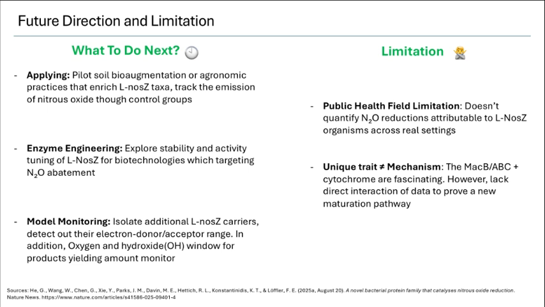The third one is monitor and model it. Use clade-specific primers, for instance, clade 1, 2, and L0Z clade 3, in monitoring networks, and feed those data into models, to try to predict where we can reduce nitrous oxide the most.